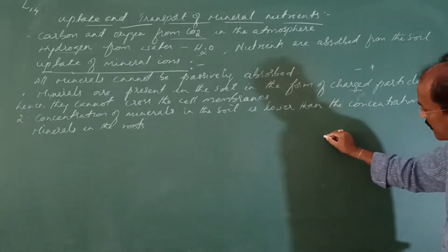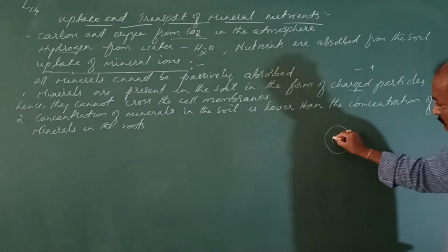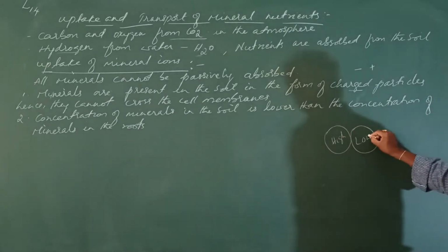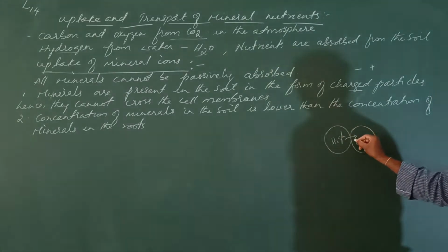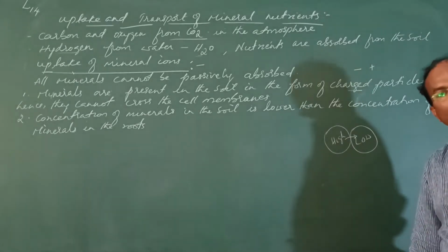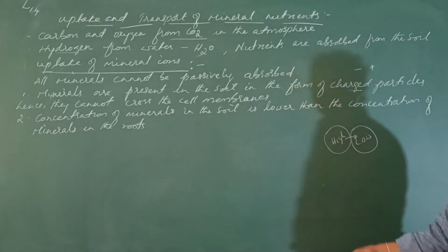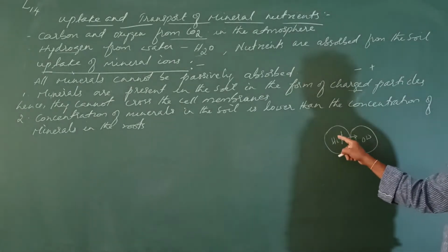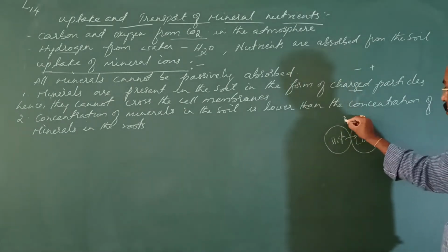See, passive absorption always occurs from higher concentration to lower concentration, isn't it? Easily, without any energy utilization, the mineral ions or the molecules are transported from high to low. This is called passive.